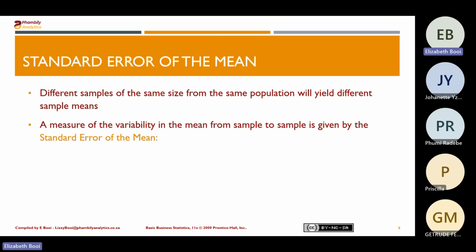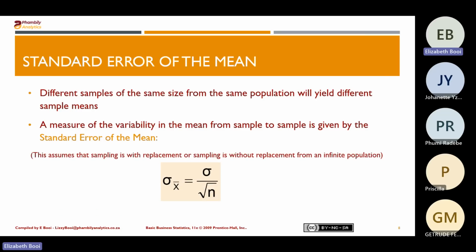And the standard error is also a measure of variability. It is a measure that you use to calculate dispersion, right? How far apart your values are from the mean. And here we're talking about the sampled mean. Remember, the standard error is also called the standard deviation of the sampling distribution of the mean.